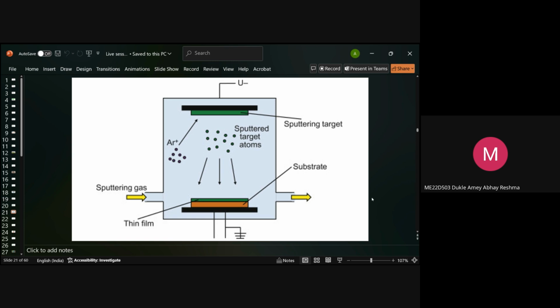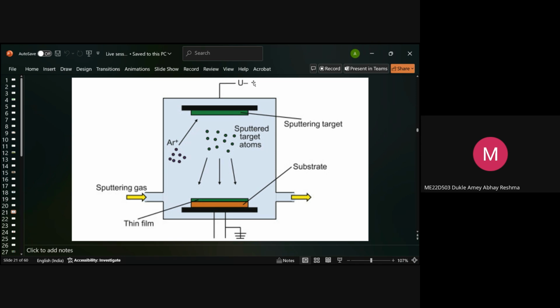In physical vapor deposition, you have an argon chamber. The entire chamber is made up of argon. Here you have the sputtering target. If you want to make a gold film, you will have gold in the sputtering target, and down below you will have the silicon wafer, where the deposition happens. The argon gas will get ionized, then the argon will go and hit the sputtering target, the gold.